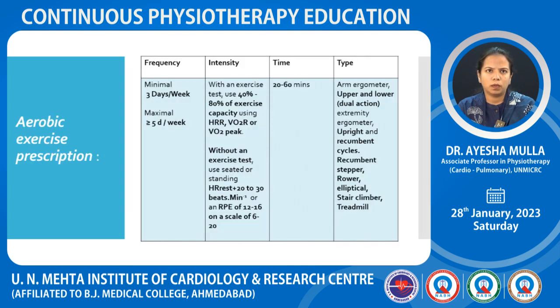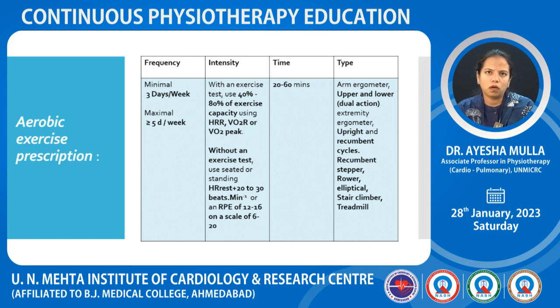Now the aerobic exercise program should be prescribed as follows. Frequency should be minimum 3 days a week or maximum 5 days a week. So patients should be advised to come to the outpatient rehabilitation program 3 days a week or maximum 5 days a week. Intensity should be prescribed based on the following criteria: 40% to 80% of the exercise capacity using heart rate reserve, VO2 reserve and VO2 peak.